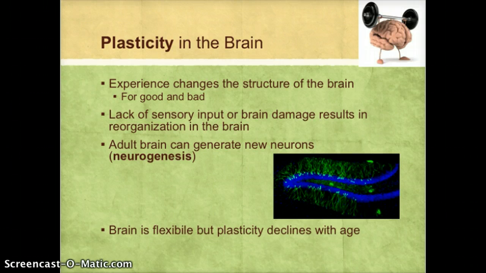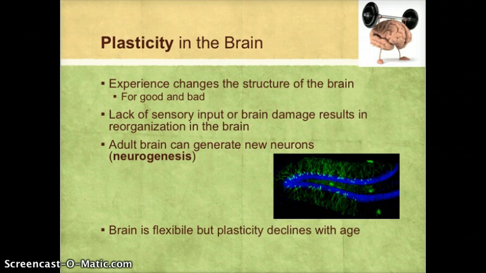Another thing that we know is that adult brains can generate new neurons. This is called neurogenesis. And they can actually create new connections between those neurons. The brain has a lot of flexibility, but it does start to decline with age.